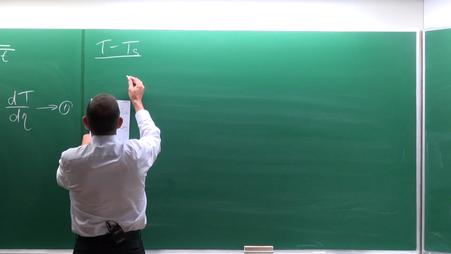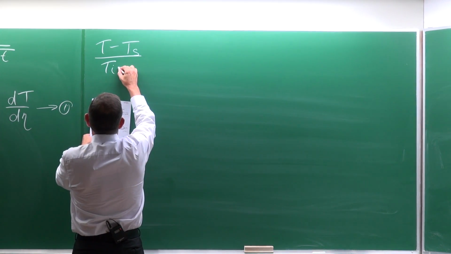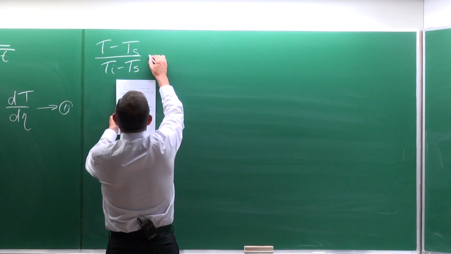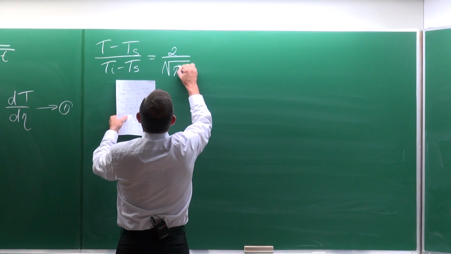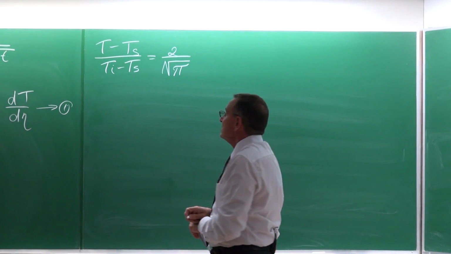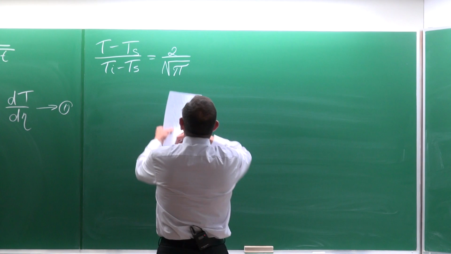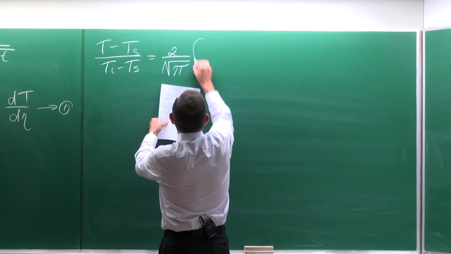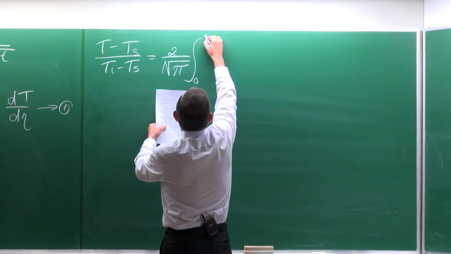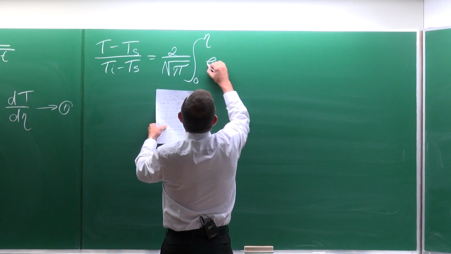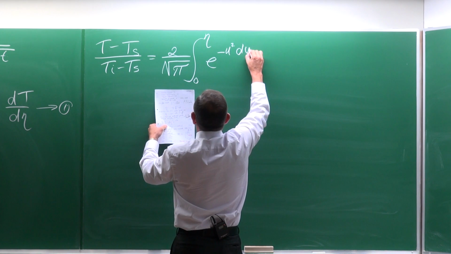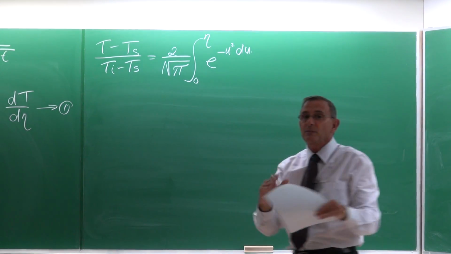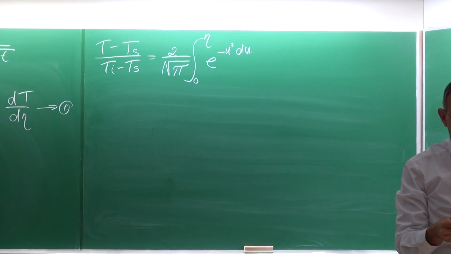We make use of the separation of variables method to solve it, and the result is an equation which looks like this. T minus Ts divided by Ti minus Ts is 2 divided by the square root of pi, times the integration from 0 to eta, e to the minus u squared du, where u is just a dummy integration variable.